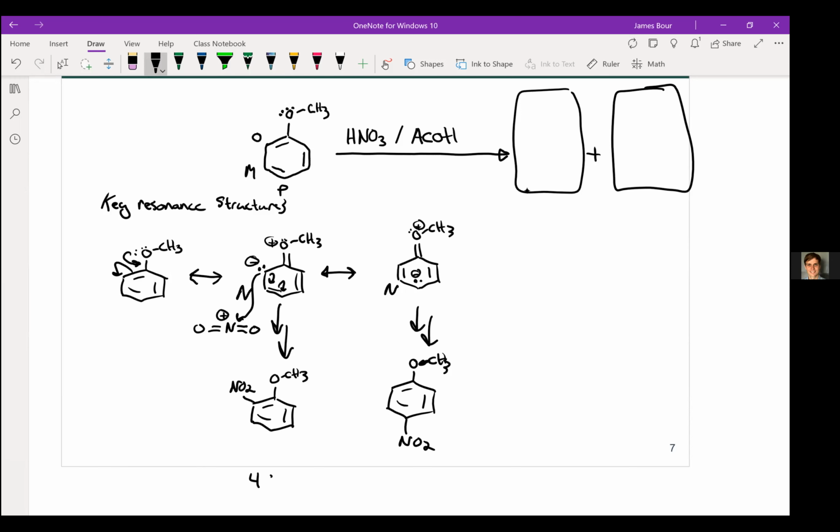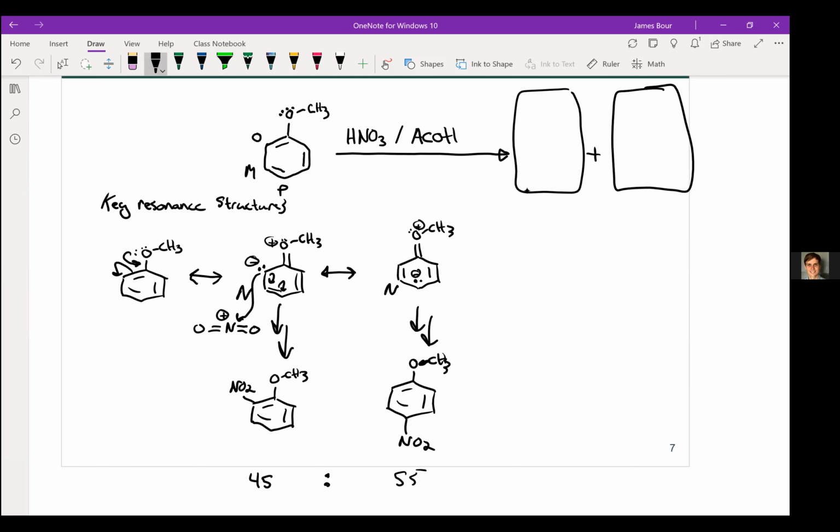And they occur in about a 45 to 55% ratio. And you may say, why is the para product slightly more favored? Well, the anisole occupies some space. This is called sterics. And so there's a little bit of a steric clash between the nitronium and the OCH3.